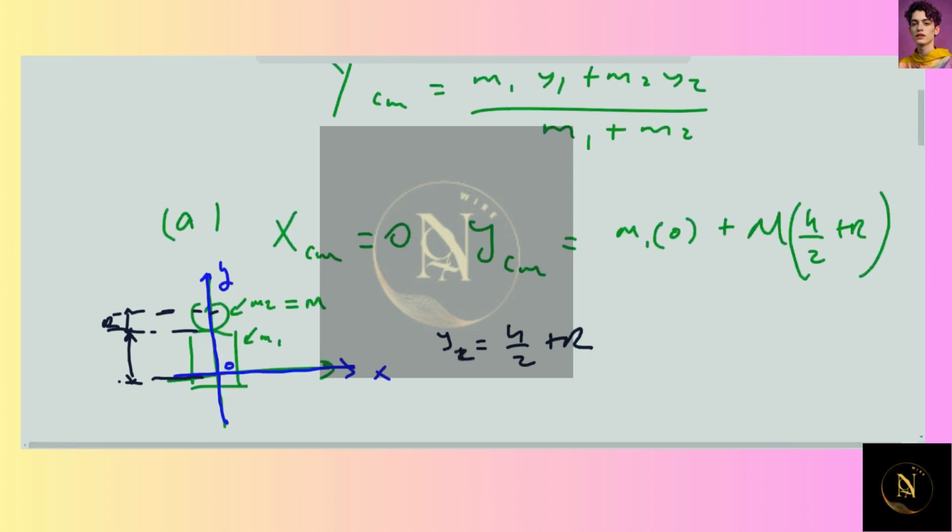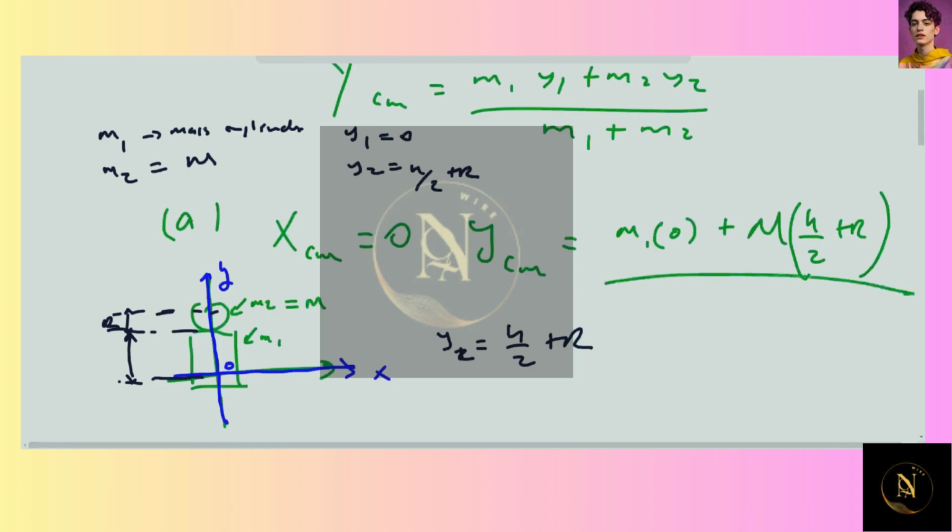So we just want to clarify, M1 is the mass of the cylinder, and then M2 is m, y1 is 0, y2 is h/2 plus r. That's what we're dealing with. Then you want to divide by the two masses. So dividing by the two masses, we get m plus capital M, because M1 is the same as small m.